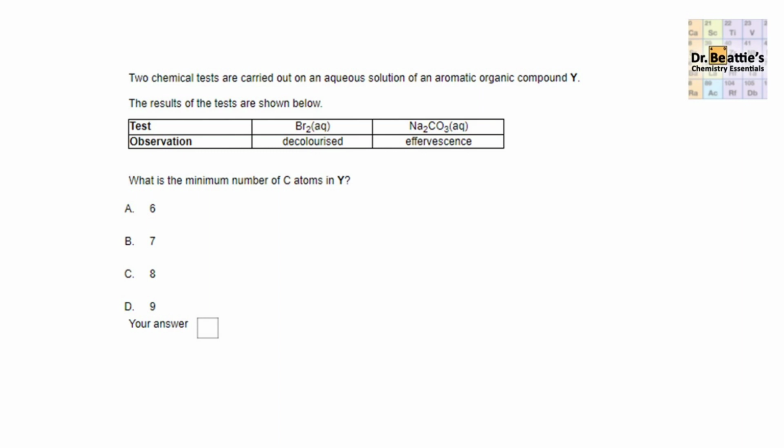Okay, so in terms of what we've been told in the question, we know it's an aromatic, so it must contain either a benzene or a phenol. We also have been told that in bromine water, it decolorizes. Now, this is the test for an alkene, so it must have an alkene there.